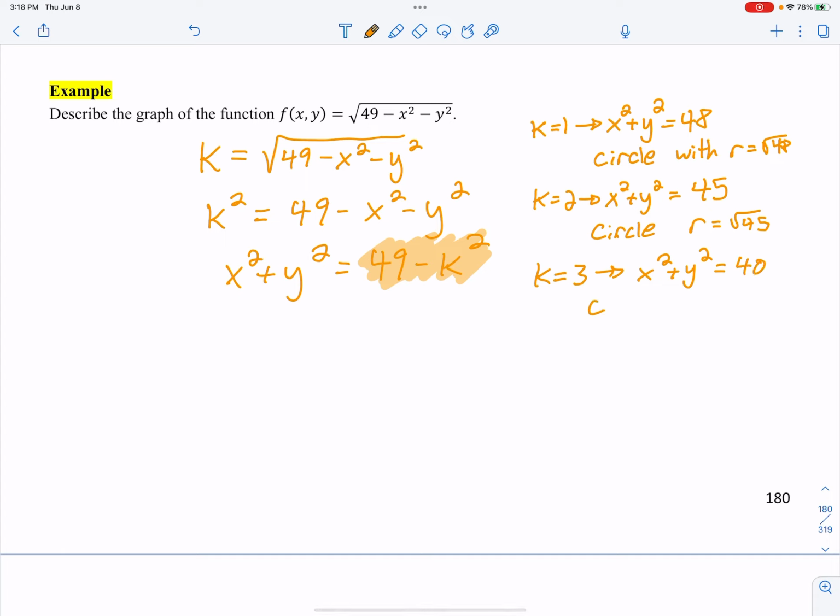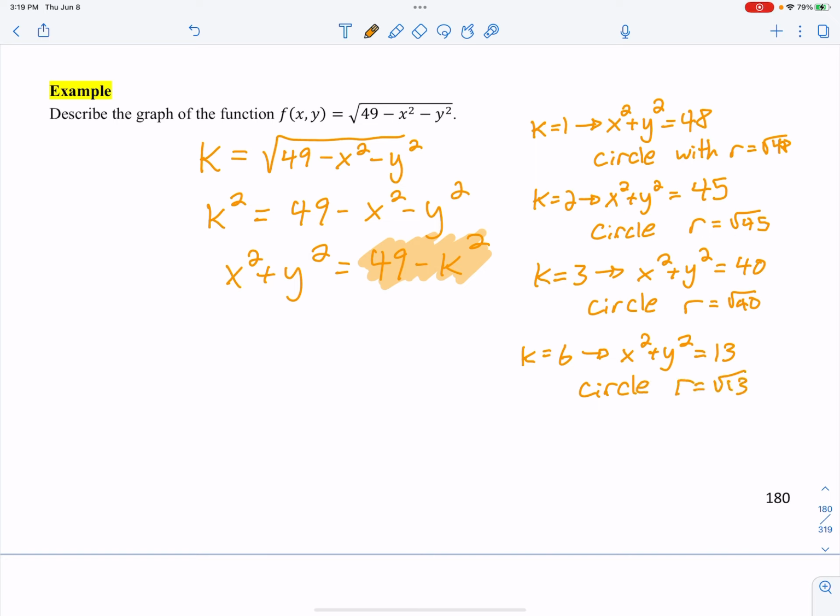This is a circle with radius squared of 40. Let's jump up there. Let's do k equals 6. That's x squared plus y squared equals 49 minus 36, that's 13, so the circle is going to have a radius of square root of 13.